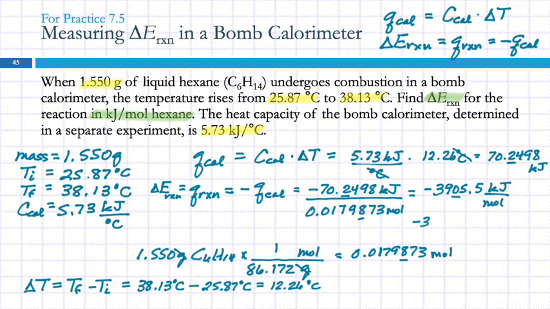So we could say negative 3910, but better would be negative 3.91 times 10 to the third kilojoules per mole, because then there's no uncertainty about whether that 0 is significant or not.